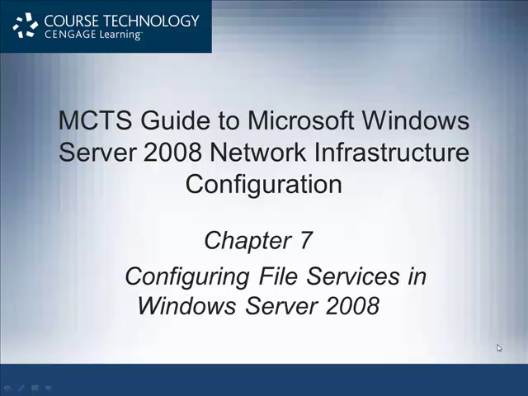It bases it on sites, and we talked about sites in Active Directory. Sites is an IP subnet definition. So it allows you a lot of flexibility in file storage, and that's a relatively big deal.